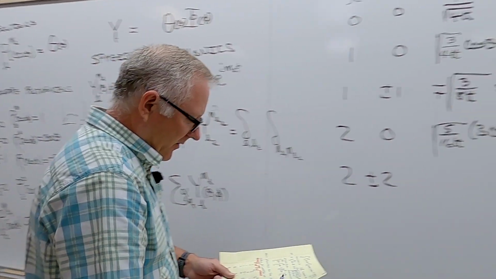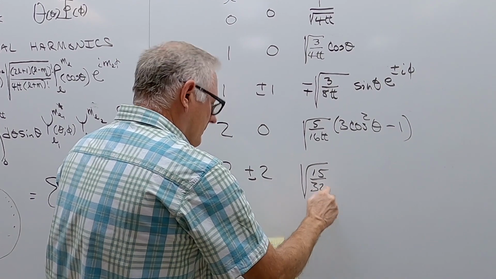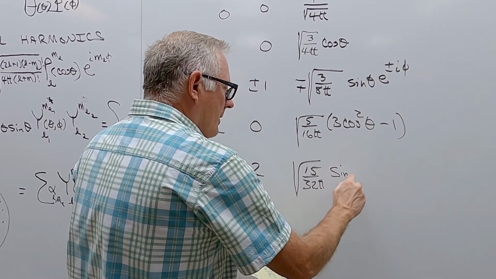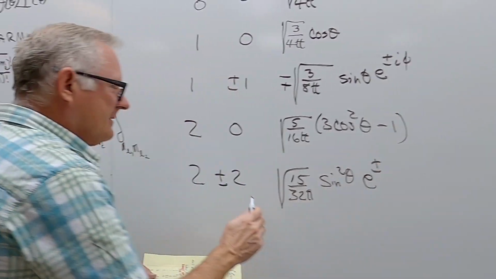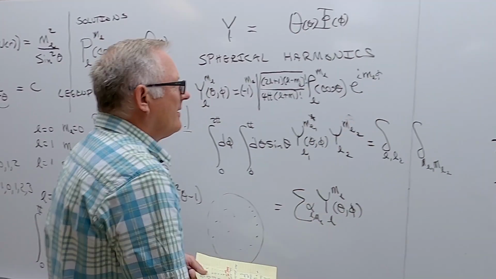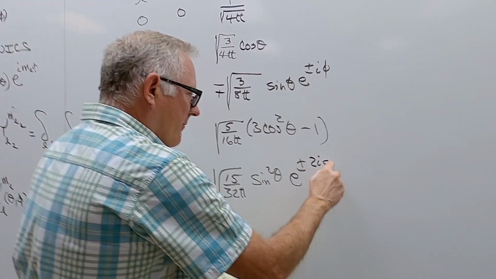It's the square root of 15 over 32 pi sine squared theta e to the plus minus, since m is plus or minus 2, this would be plus or minus 2i phi, and so on.